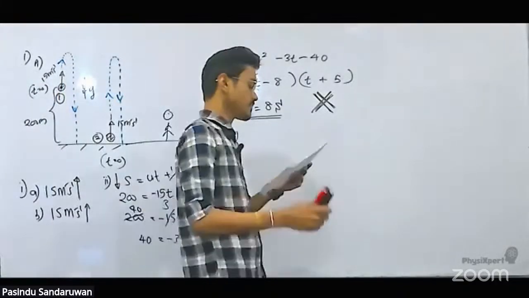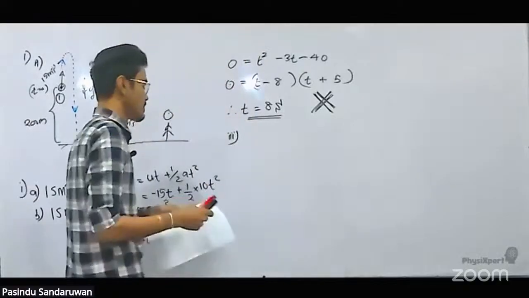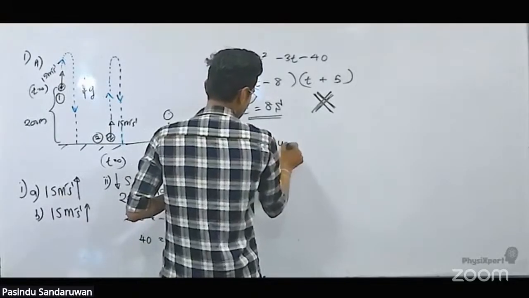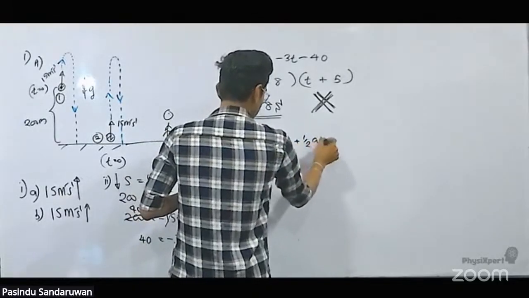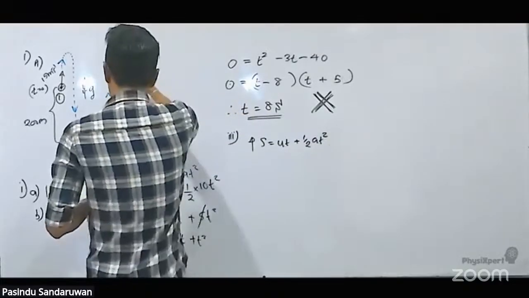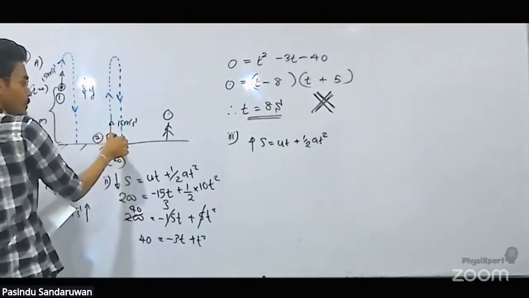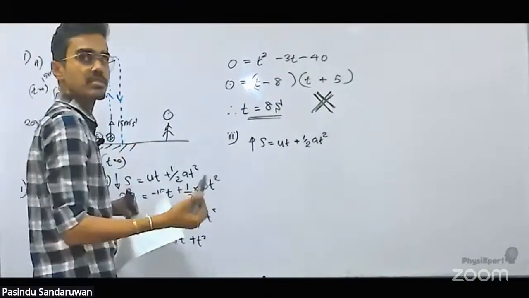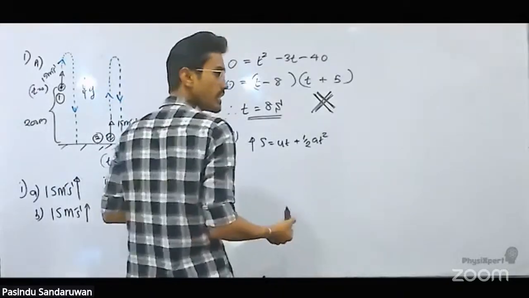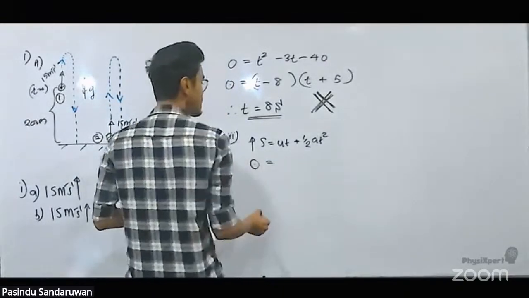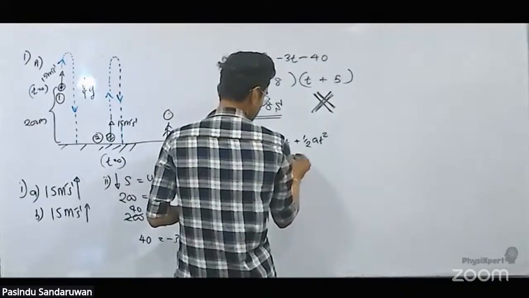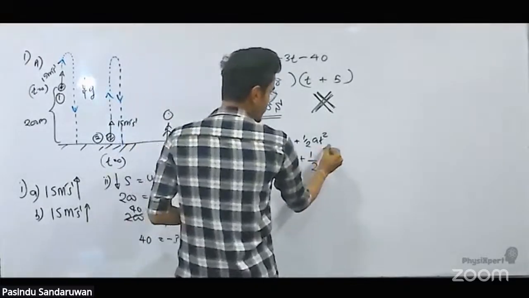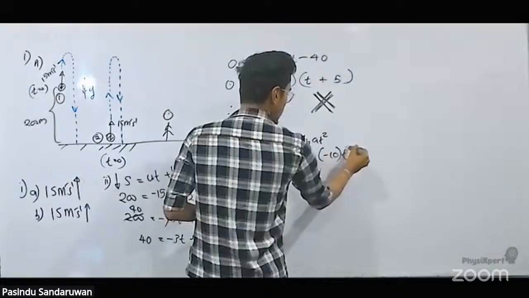3. What is the time taken by the second stone to reach the ground? We can apply the same equation, s equals ut plus half a t squared, upwards. From the starting point on the ground to the end point on the ground, there is no vertical displacement, 0. Initial velocity 15, then 15t plus half, g is downwards, so minus 10 t squared.